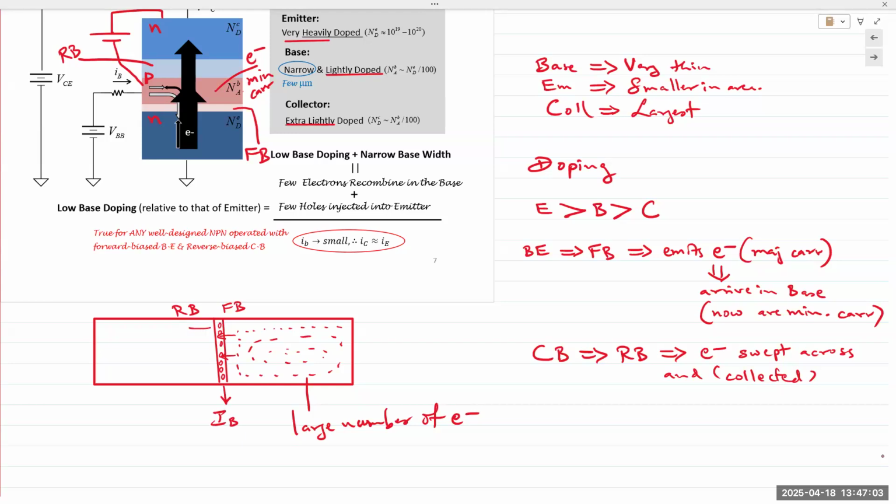But the majority of them are able to cross over here because electrons are minority carriers in a p-type material. The number of holes in the collector is also far less. But because the collector base junction is reverse bias, electrons are now free to actually move through.